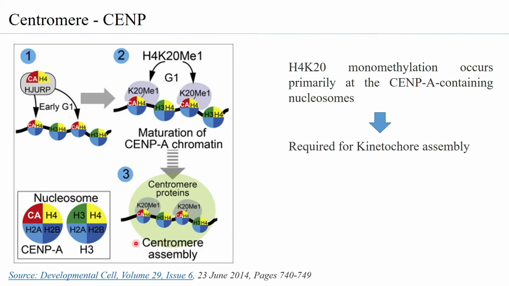So the assembled kinetochore requires this modification, and this modification happens once you have the CENP-A-H4. If you have H3-H4, then the H4 tail is not modified at this residue. But when you have CENP-A, then H4 lysine residue 20 is methylated. That methylation in the histone tail is a different histone code, and therefore the higher order structure can vary.